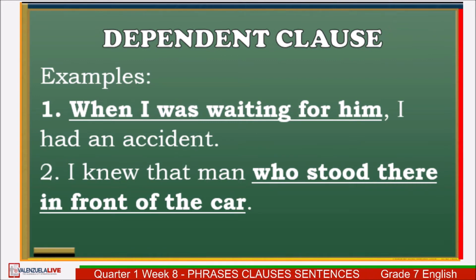Sentence number two. I knew that man who stood there in front of the car. When we remove the words I knew that man and leave who stood there in front of the car, it will not express a complete thought.